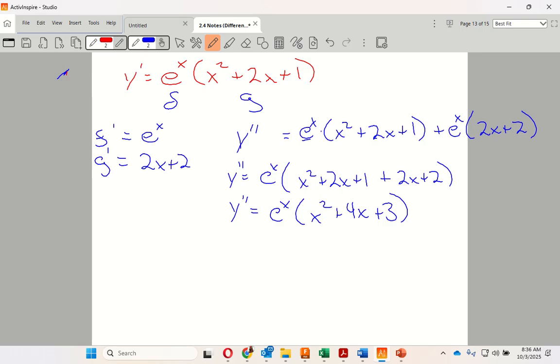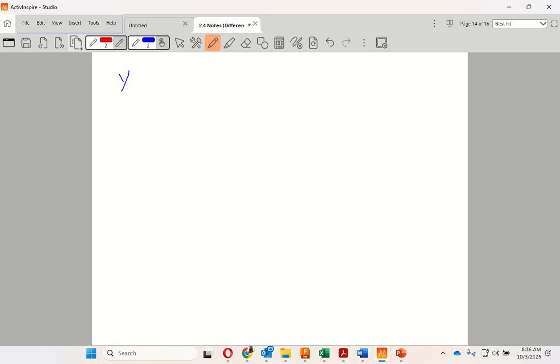Alright, so this is my second derivative. I need to find the third derivative. So that means I have to do this again, right? y double prime is e to the x times x squared plus 4x plus 3. Let me change my color here.